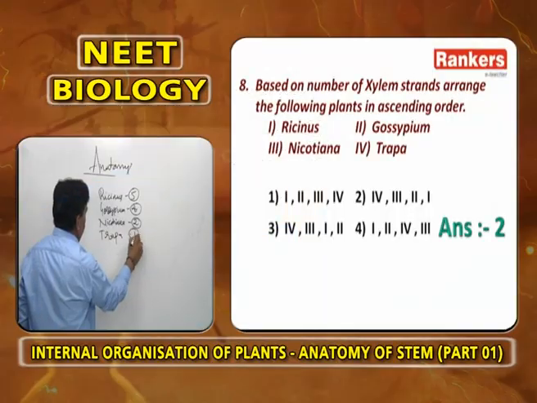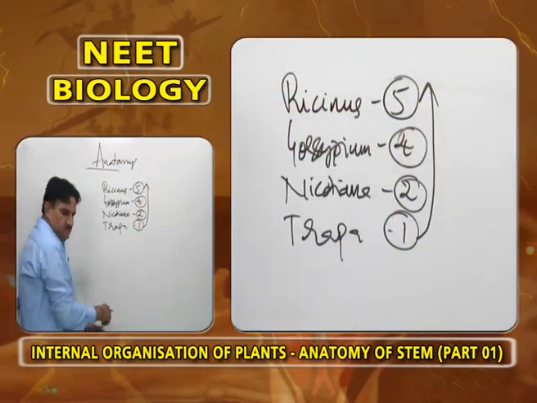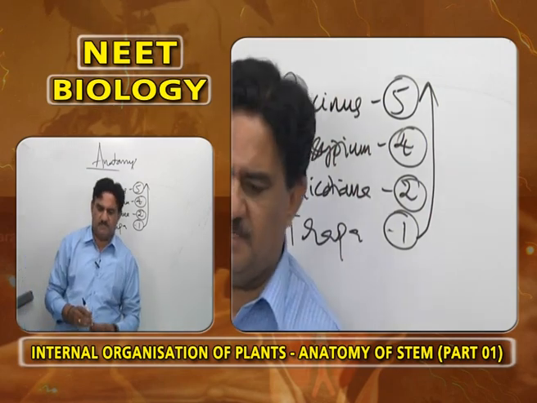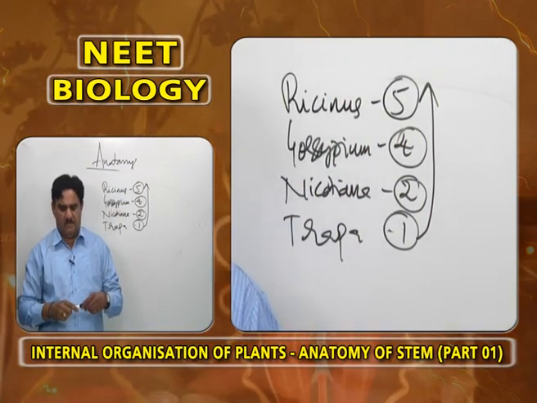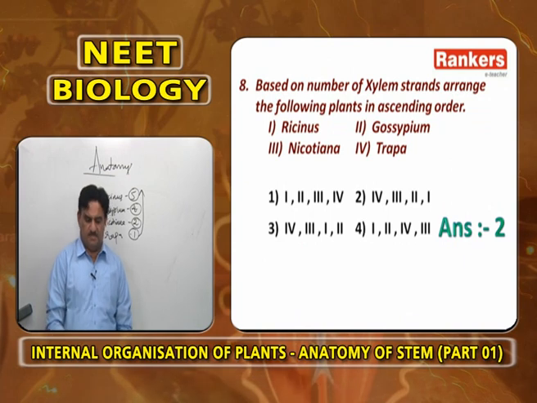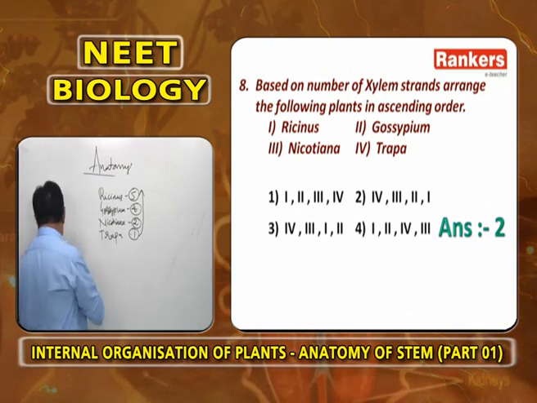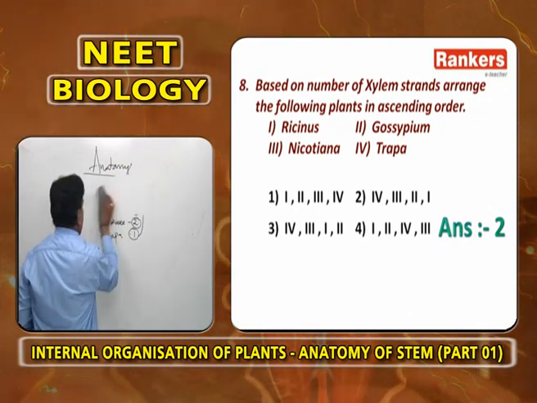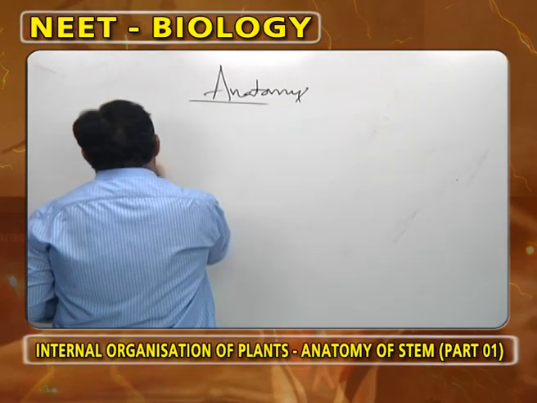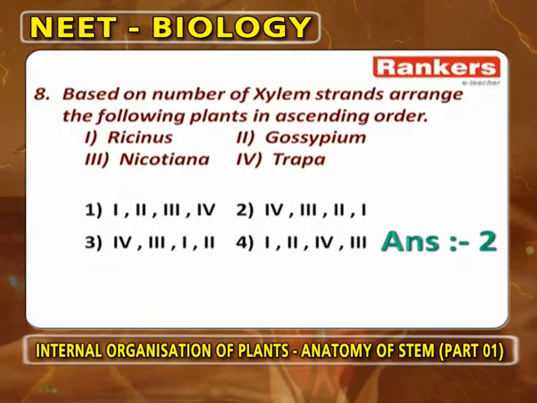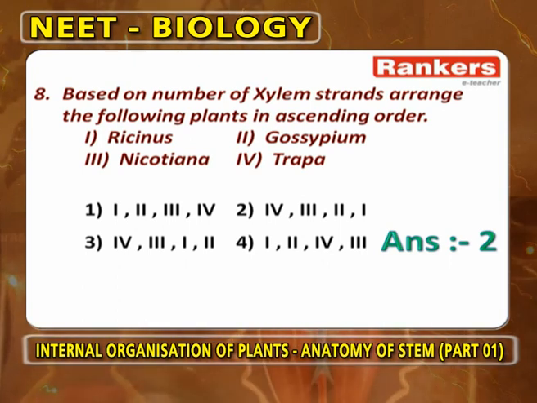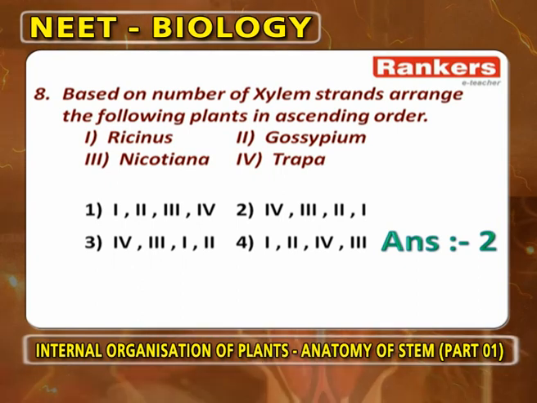So ascending order means 1, 2, 4, 5, that means 4, 3, 2, 1. Trapa is 1, Nicotiana is 2, Gossypium is 4, Ricinus is 5. So the ascending order is: lesser is Trapa 1, next is Nicotiana 2, next is Gossypium 4, and last is Ricinus 5. So the answer is 4, 3, 2, 1.